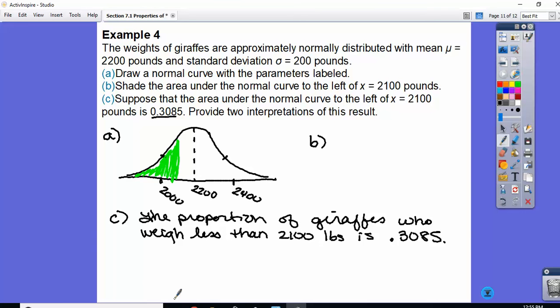So it could be saying in our actual population, 30.85% of the giraffes weigh less than 2,100 pounds.